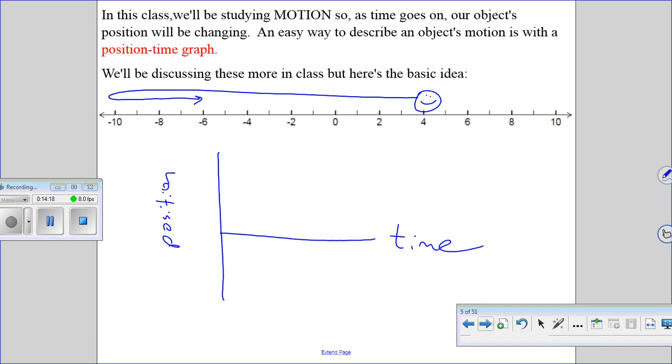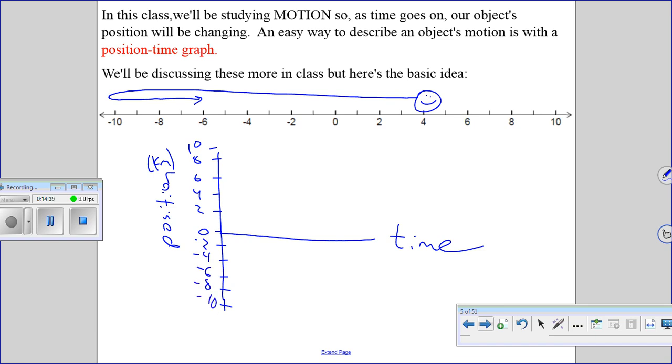Let's mark these off. 0, 2, 4, 6, 8, 10. I need to put units on here. They were kilometers. Negative 2, negative 4, negative 6, negative 8, negative 10.